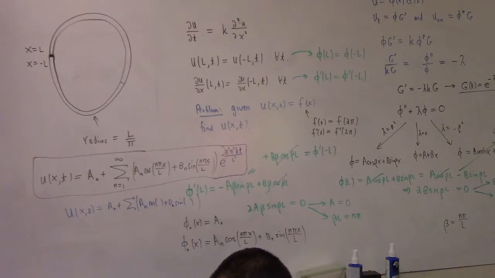But I think it's okay. I think it's still periodic boundary conditions. I was worried it was non-homogeneous boundary conditions, but I think we're okay. Let's talk about Laplace's equation for a circular disk.